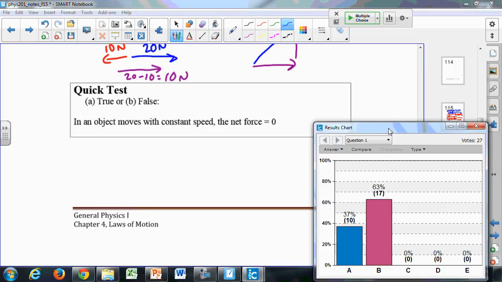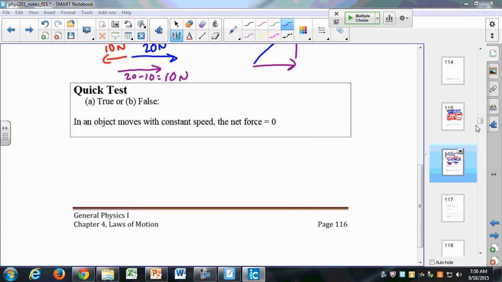Why not? Right, there is no net force acting on it, because if there was a net force acting upon it, then the velocity would change. So the answer here is A, that is a true statement. If it moves with a constant speed, the net force is equal to 0.